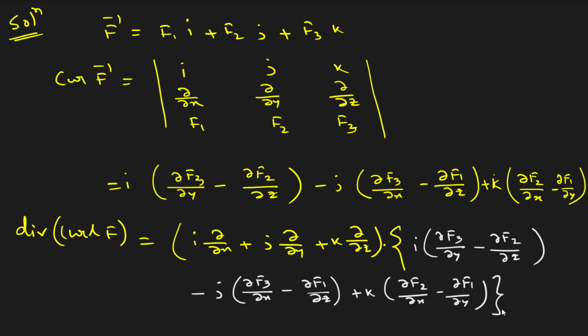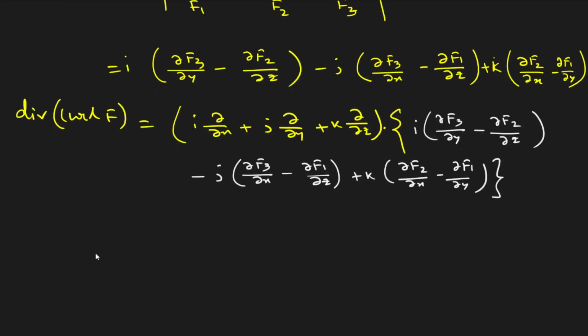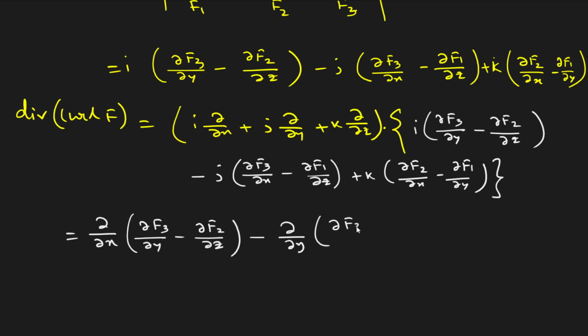Okay. Now what we'll do? We have to find the dot product. So dot product is very simple. So it's ∂/∂x of this term, (∂f3/∂y − ∂f2/∂z), minus ∂/∂y of (∂f3/∂x − ∂f1/∂z), plus ∂/∂z of, what is the last term? (∂f2/∂x − ∂f1/∂y).